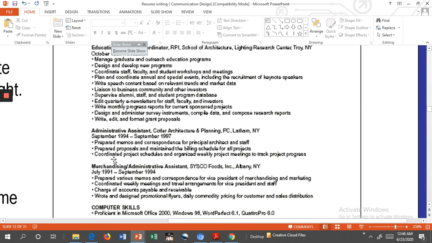Or sometimes they do not use action words at all, and rather they use adjectives and nouns, which are not to be used when you're talking about the tasks you carried out, the responsibilities you have taken during the job.